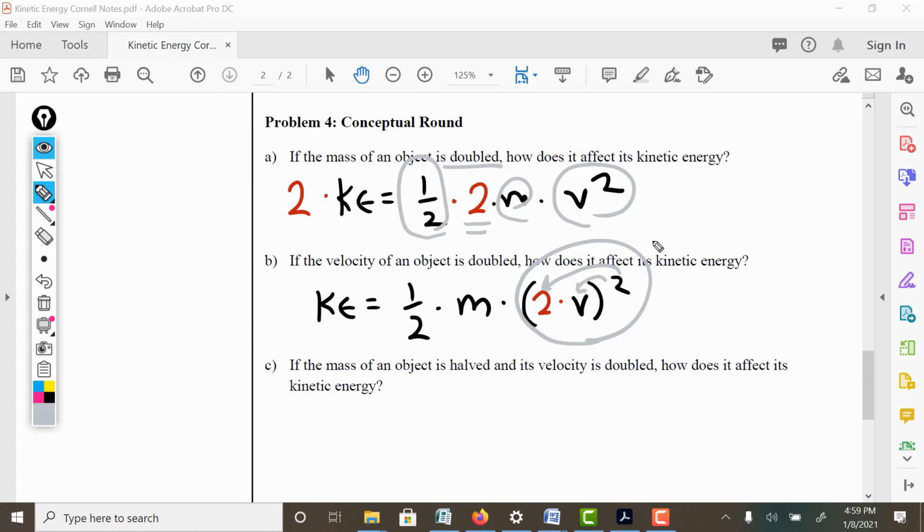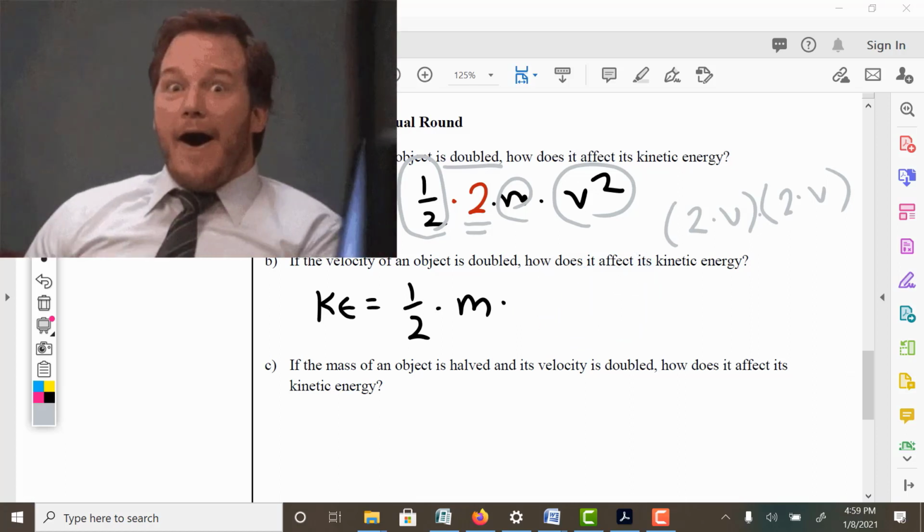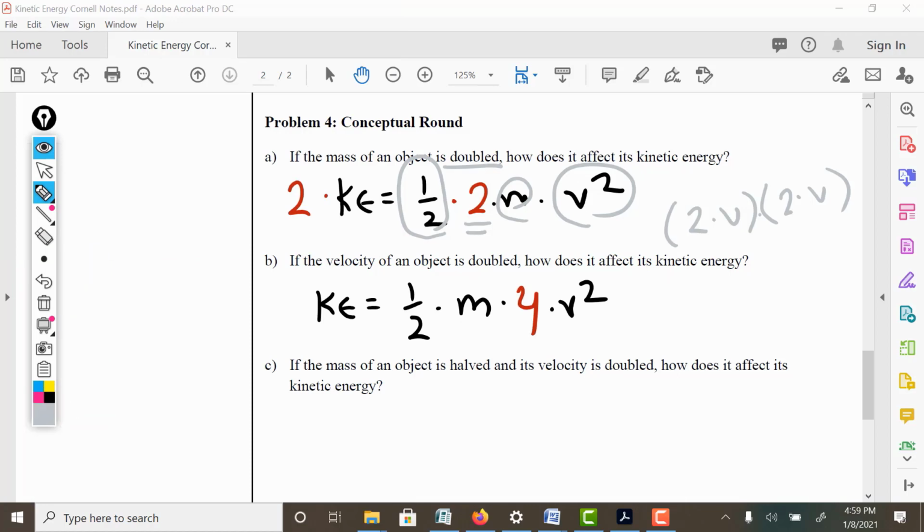Or if you're not comfortable with that, squared means I would multiply this by itself twice, giving me a 4v squared. So this ends up becoming a 4v squared. Again, you'll notice that I have the original in black, right? 1/2 mv squared. But this time I have an extra multiple of 4. So if I were to double the velocity, I would end up quadrupling the kinetic energy.